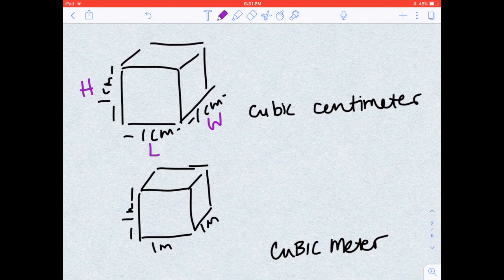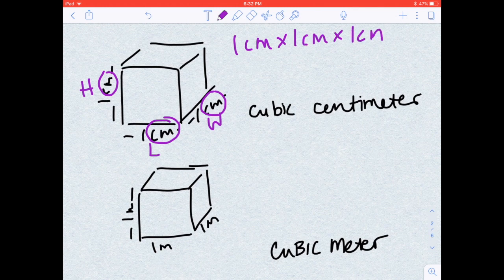When I multiply it, I'm multiplying centimeters 1 time, 2 times, 3 times. What that means, if I have a cube that has all the same sides of 1, and they're in centimeters, I'm going to end up with 1 times 1 times 1, which is 1, but I have centimeters 1 time, 2 times, 3 times, so it's cubed. And that's how I get cubic centimeters.